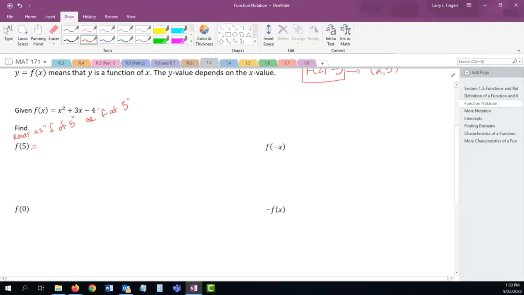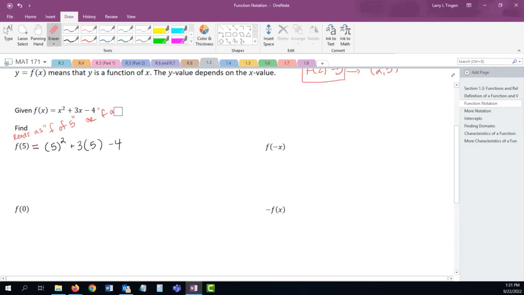Okay, well, f at 5, f at x is x squared plus 3x minus 4. So f at 5, what's that going to be? Well, everywhere there's an x, plug in a 5. Here's the original.